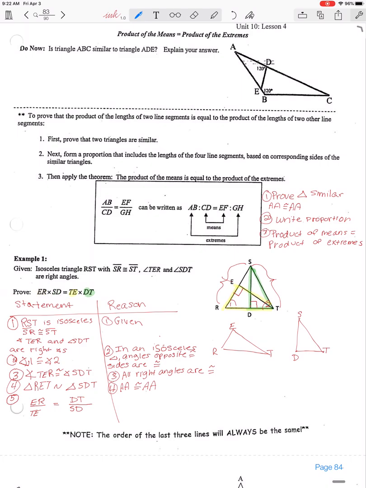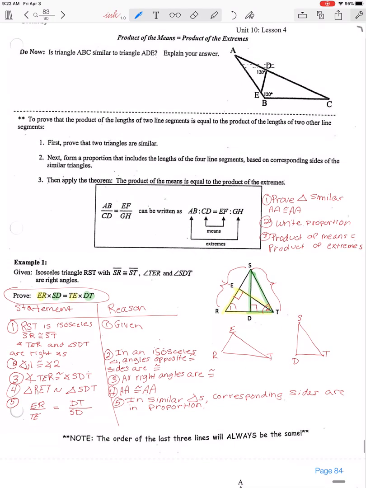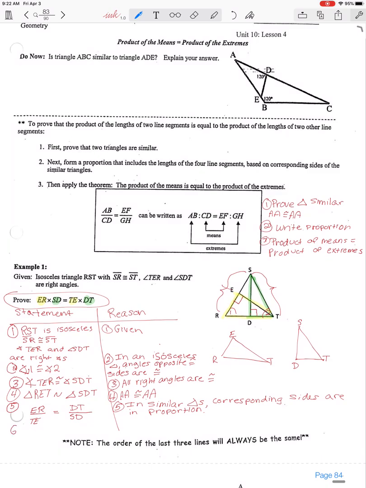So the reason we know is, in similar triangles, corresponding sides are in proportion. And here comes the last part of the proof that is new for today. So the last part we prove is ER times SD equals TE times DT.